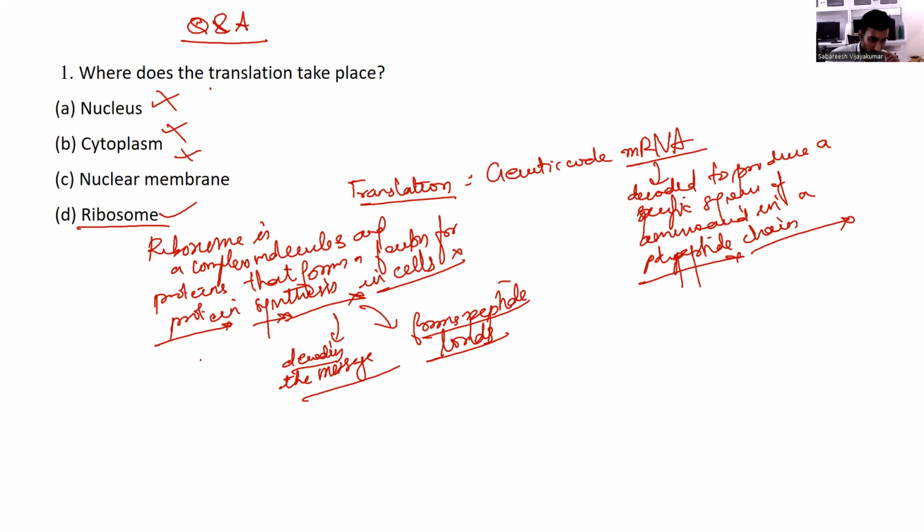The four processes of translation are activation, initiation, elongation and termination.